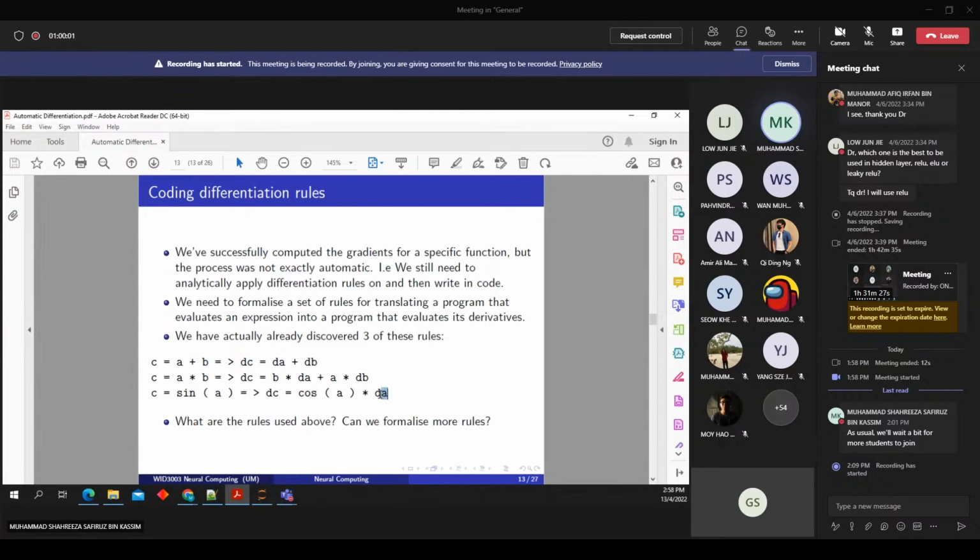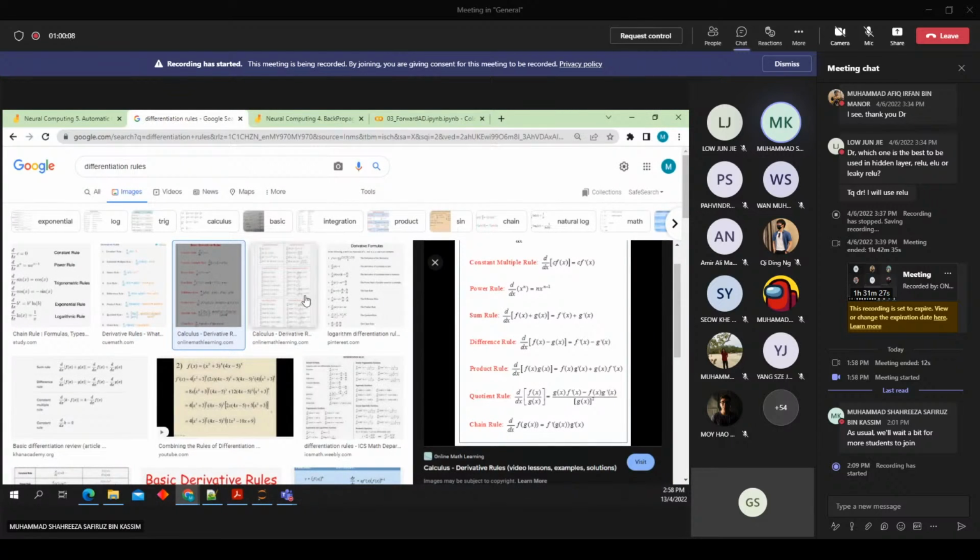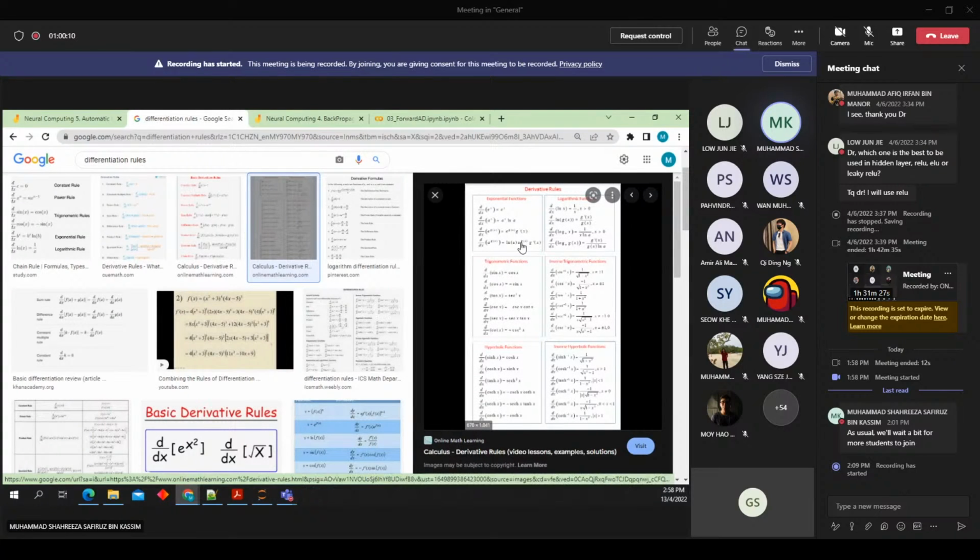And are we restricted to these rules? No, because if you look at differentiation rules, there are lots of them. Derivative rules, I hope you can see this, it's a bit small here: exponential functions, log functions, trigo functions, inverse trigo functions, hyperbolic, inverse hyperbolic.